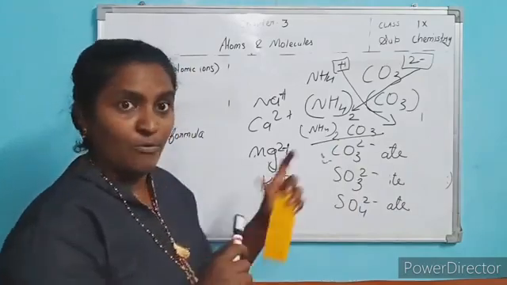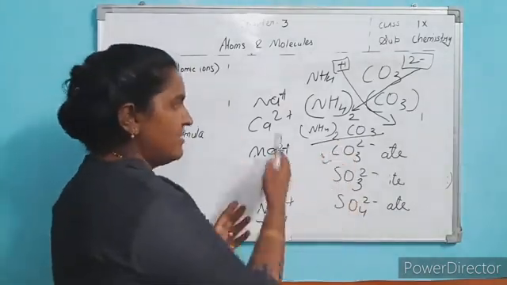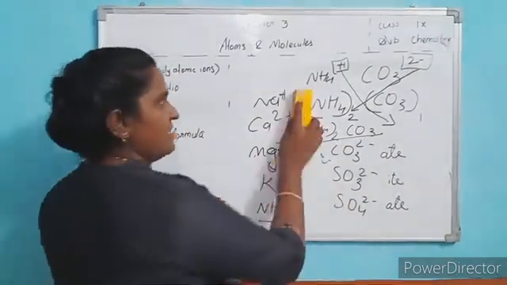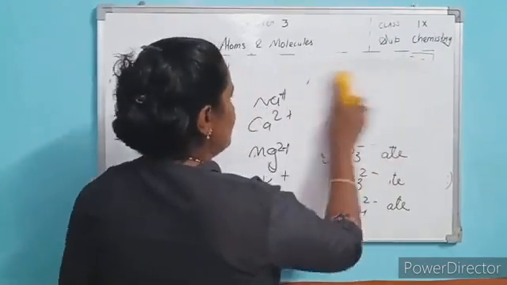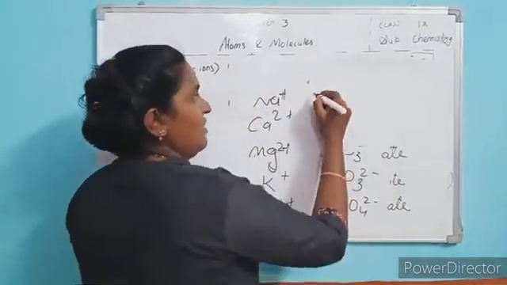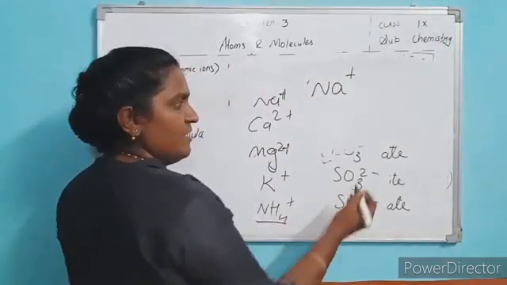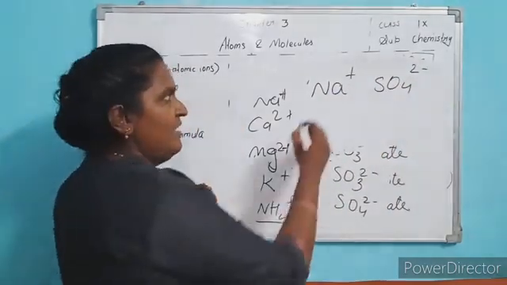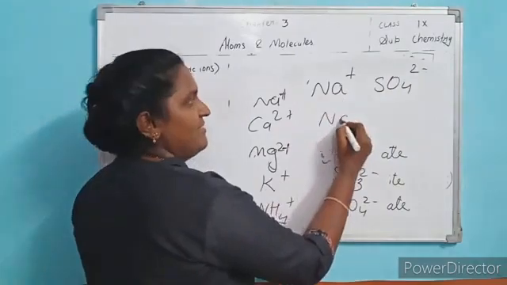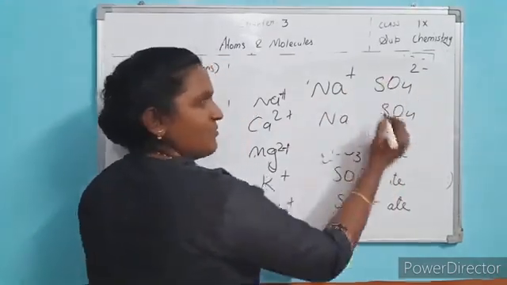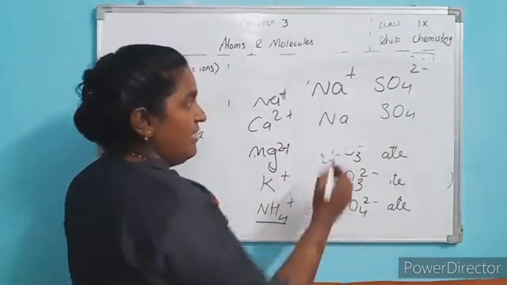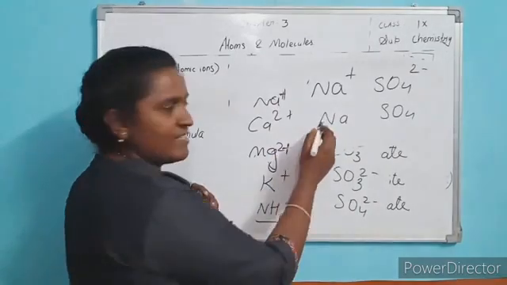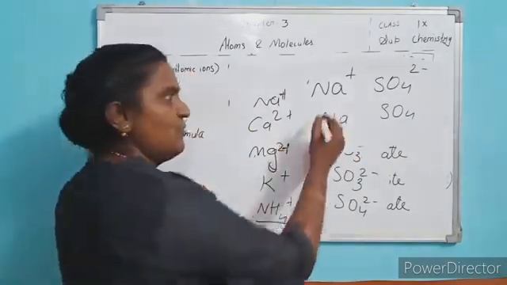This is the way you write the compound. In order to write the formula of a compound, you should learn these radicals which are given in the book. It is compulsory. One more example and we will end. Next one is sodium sulfate. Simple, right? Write the sulfate symbol, and again write it without valency. The second letter small means it is an element: first letter capital, second letter small means element, no need of bracket.